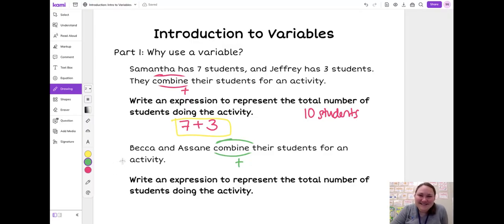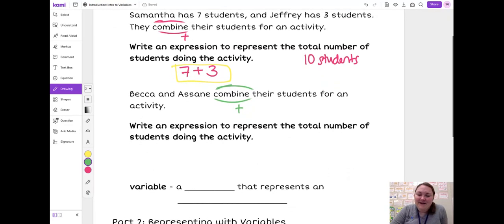Do you see what it is? Well, in this story, we don't have any numbers. I don't know how many students Becca and Hassan have, so my answer is going to have to look a little different. In math, when you want to write something to represent a story, like we're doing here, but you don't know one or more than one of the numbers, we need to use something called a variable.